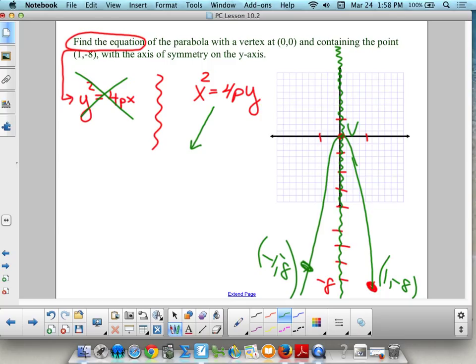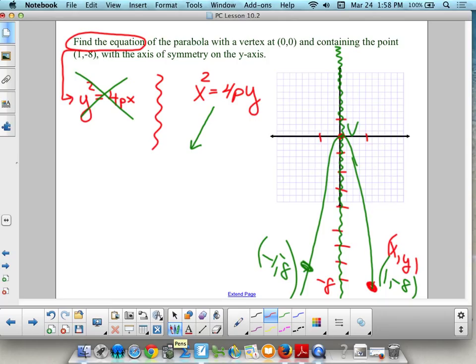Hey guys, the only thing you need when you write equations is x squared and y. You don't need p. But you've got to get the p value out of this. How? How are you going to get it? Colton says, see that 1? That's just x. See that negative 8? That's just y. They're giving you xy.